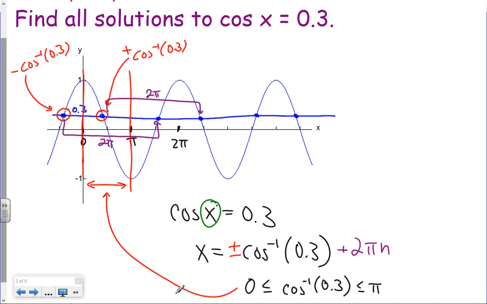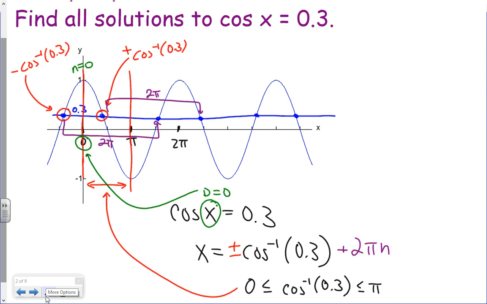The fact that it's just cosine of x, it's not cosine of x minus any number, tells me that I'm starting here at 0. And if I let n be 0, that's going to give me these two solutions here. So I'm going to write that right above x equals 0, that n equals 0. That's because my phase displacement, I'm going to write that d, is equal to 0 there. That tells me my starting point here is at x equals 0.